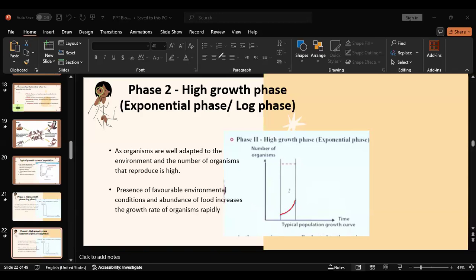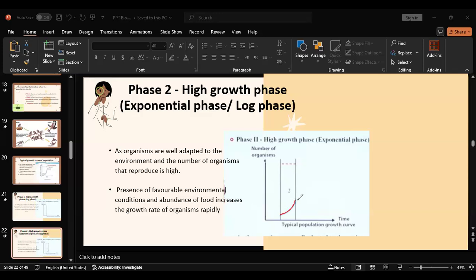The body structure is also well adapted to the environment. Now the harsh environment is becoming a favorable environmental condition, and they have abundant food. Also the number of organisms that are reproducing increases. That means mature organisms are there, so the growth will be massive like this.